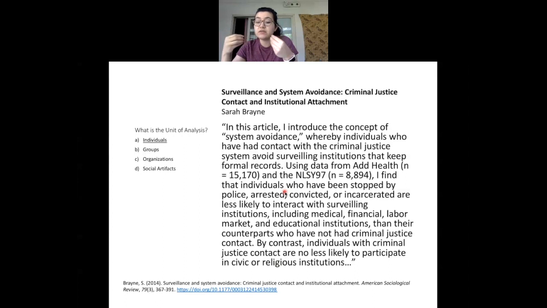So she's looking at individuals' behaviors towards these institutions, and that's sort of how she's measuring the dynamics between those individuals, is how she's measuring this larger conception. So that's how she's operationalized it.